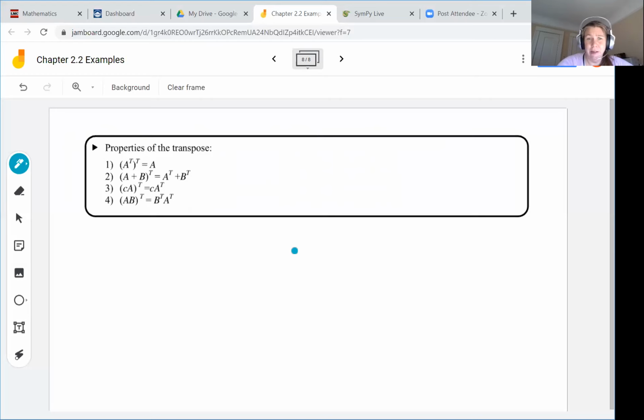That C here is a scalar, we call it a constant. And the fourth property is that the transpose of a product is the second matrix in the product transposed, multiplied by the first matrix transposed.